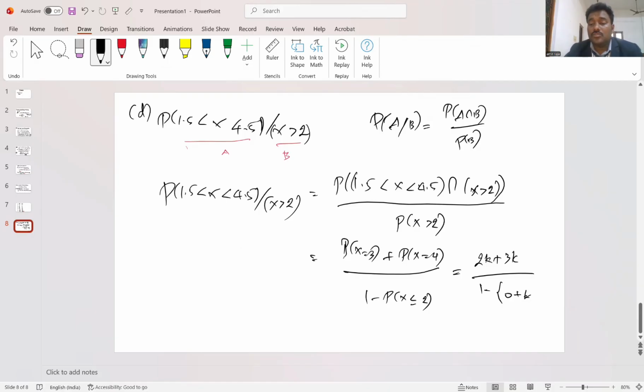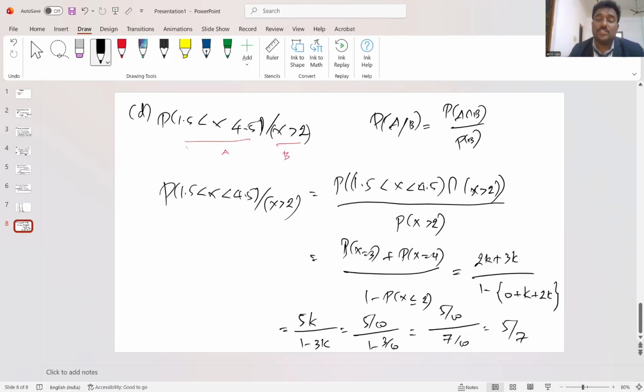Also, we have to add this 2k once again, right? So it becomes 5k divided by 1 minus 3k. So it is 5 by 10 divided by 7 by 10, which is 5 by 7, right? So this is the value of this conditional probability.